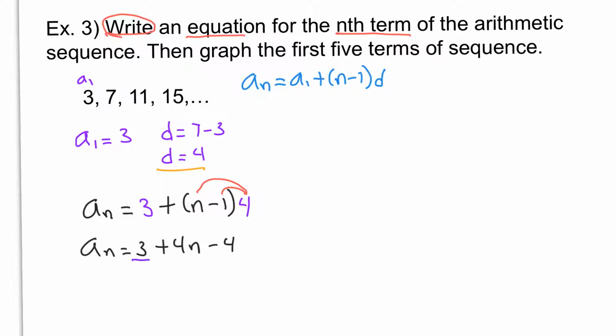We have like terms, the 3 and the minus 4, so you combine them. But you always want to start with the term with the variable, the coefficient with the variable. So the 4n, the variable, needs to go first. So positive 4n, and then we have minus 1. You combine the 3 and the minus 4, that's negative 1.